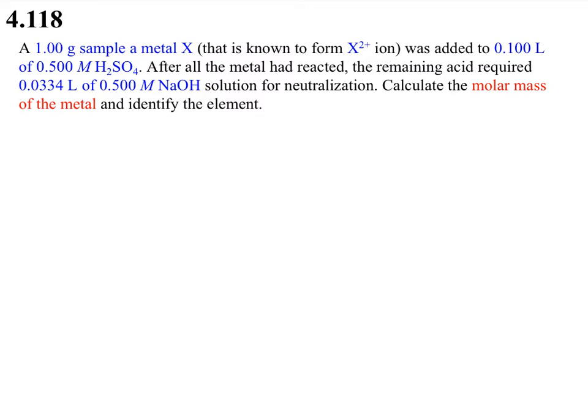As shown, the process is that at the beginning we have a lot of sulfuric acid. Then when we add X to it, some of this sulfuric acid will react with X, becoming the salt, X sulfate, and hydrogen.